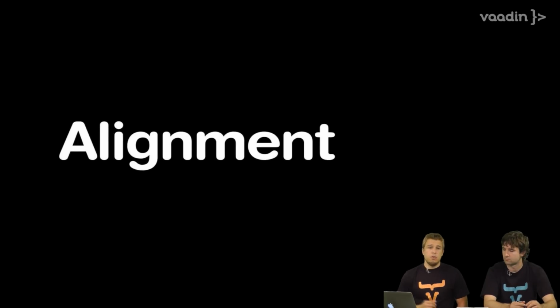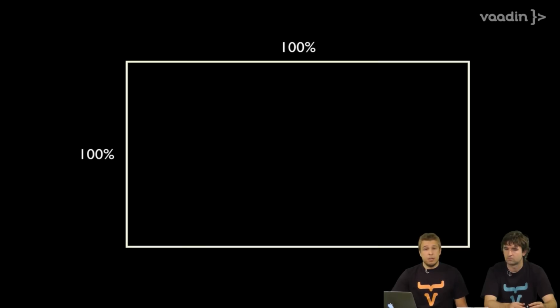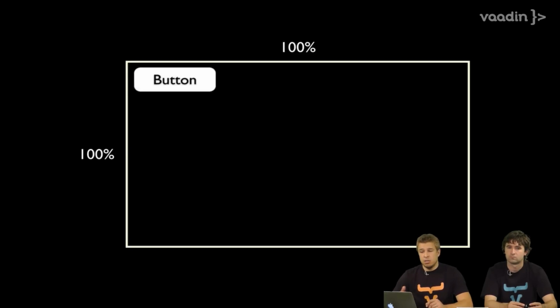Then a few words about the component alignment, which is also a very important part regarding ordered layouts in general. With the alignment and with our previous example, we can think that when adding a component, for example a button, into a layout that is taking 100% on both dimensions, the space reserved for the component is actually the whole layout, meaning that the button size is undefined by default, so it's actually the size of the button caption.